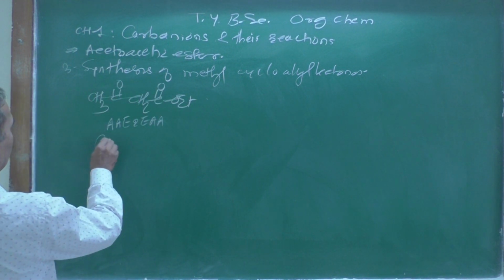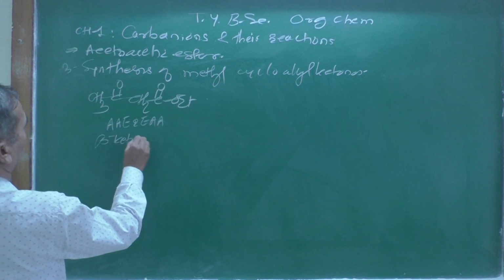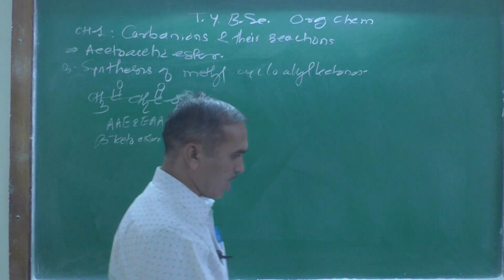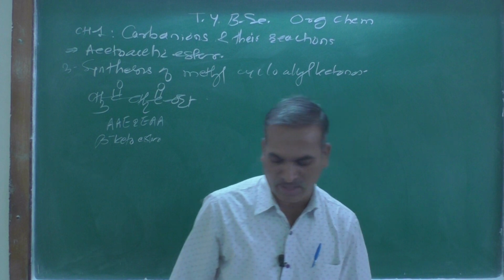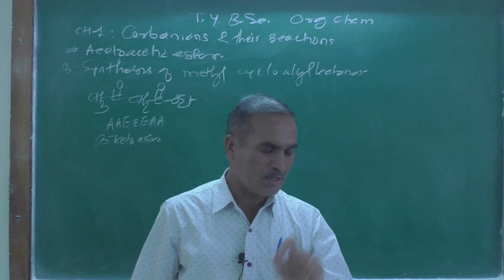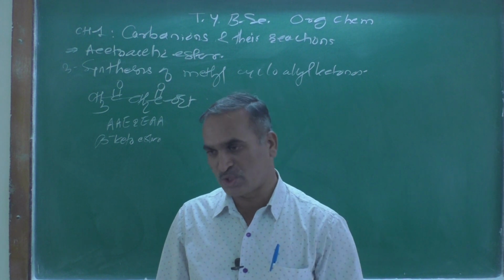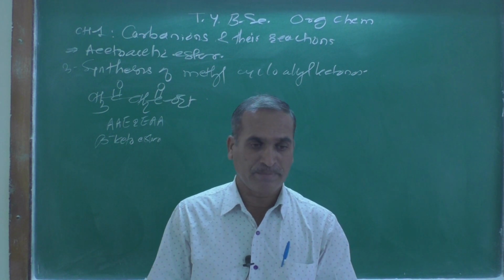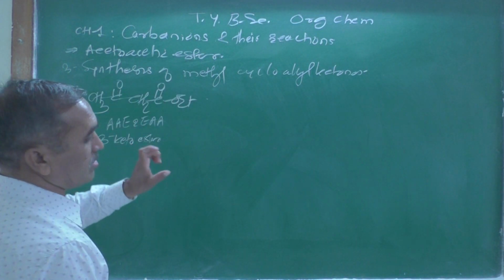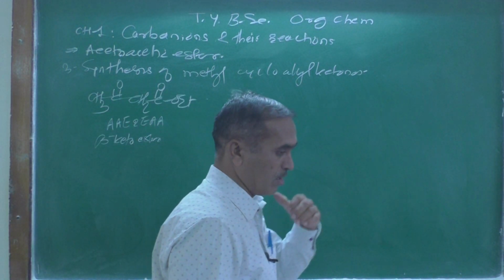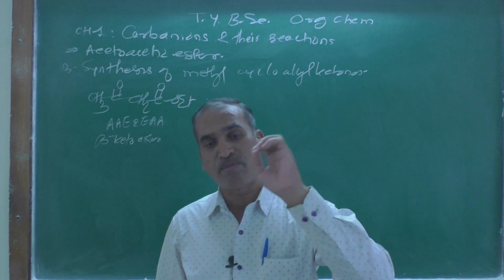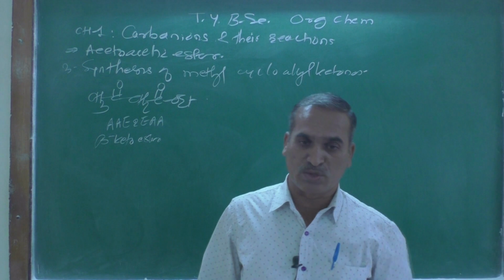This is how the question will appear in the exam: how will you synthesize the methyl cycloketone using acetoacetic ester? The starting compound is given, and the target molecule, the final product, is also given.